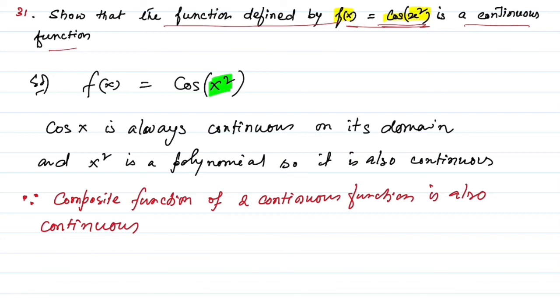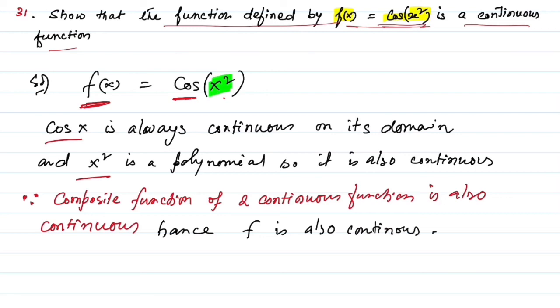So we can say the function f is also continuous, since f is a function of two continuous functions, cos x and x square. Hence f is also continuous. That's how we can solve.